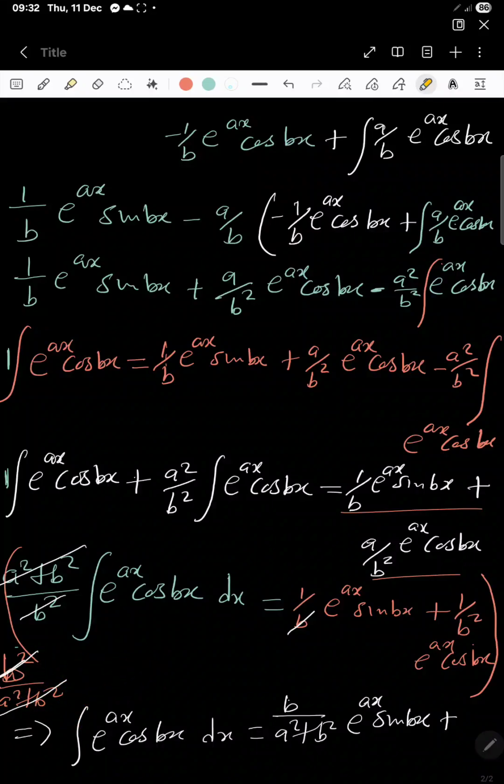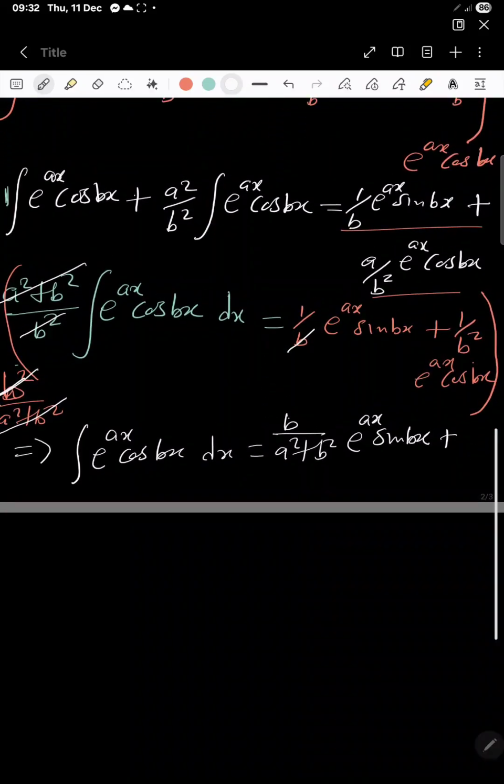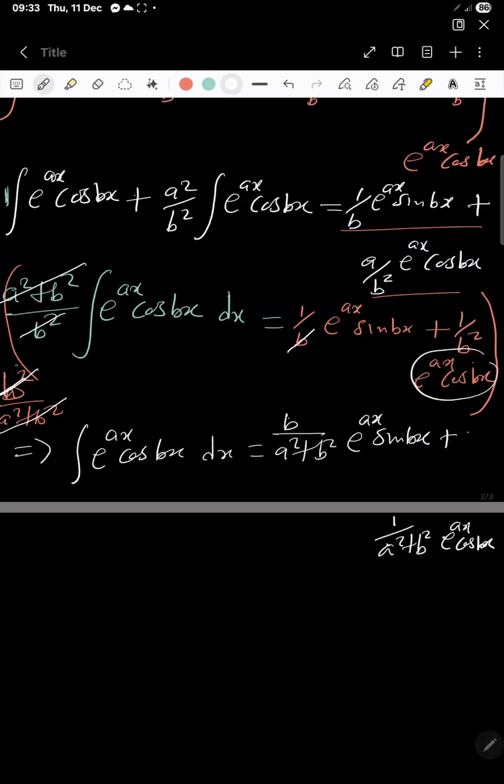So we have plus 1 over a squared plus b squared, and this is e to power ax cos bx. All right, so that means our final answer, if we are to integrate this, is this one here.